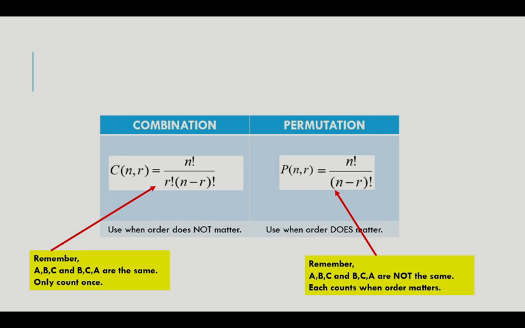And it's going to be bigger because ABC and CBA and BCA and all those different possibilities of order are not the same, and each now has to count. So hopefully you have a good intuitive feel for why permutations, when order mattered, we had so many different possibilities, right? It was in the billions. But with combinations, we had a significantly smaller number of possibilities because order doesn't matter. So I don't count the same thing, ABC, BCA. That would be 2 for permutations. It would only be 1 for combinations.